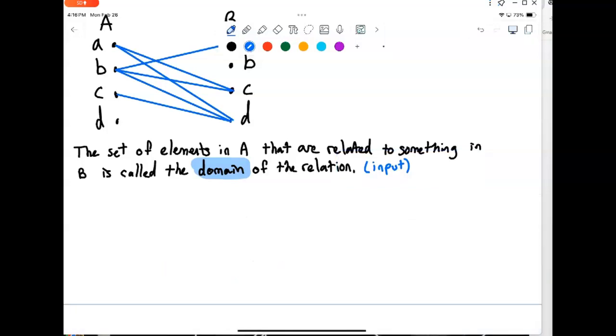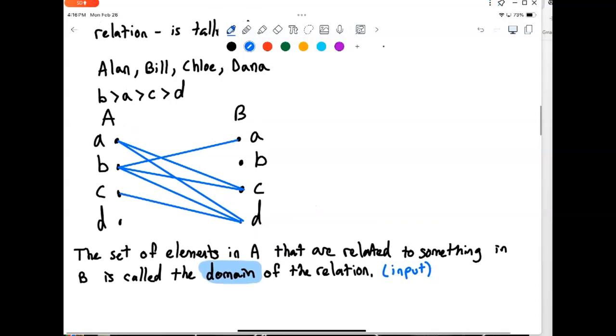So in our problem up above here, the domain would quite simply be objects A, B, and C. Those would make up our domain in this particular problem. Dana is not part of the domain because Dana is not taller than anybody in the class.